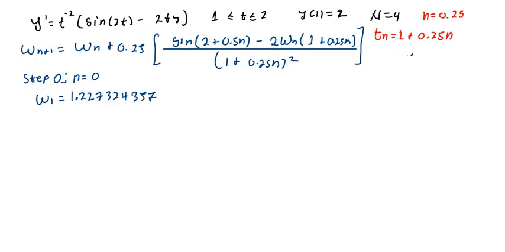Okay, then let's go to step 1 now. Step 1, of which our n is equal to 1. So this will help us to get w2, which will be equal to, once again, here our n is a 1, so we substitute with w1, which we have already calculated, which is 1.227324357.